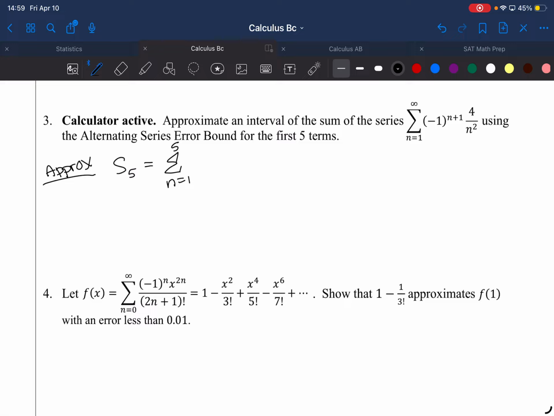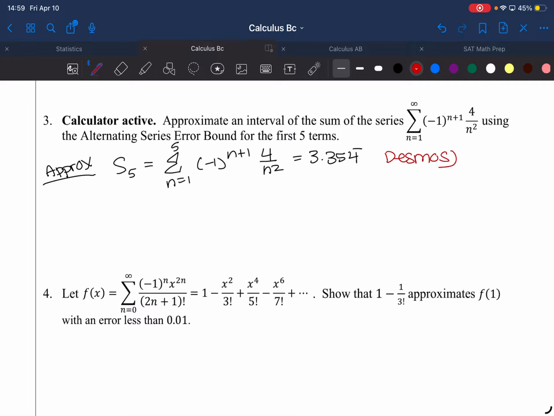Then we write that entire a sub n: negative 1 to the power of n plus 1, times 4 over n squared. And you plug this entire thing into Desmos, and you get an answer of 3.354 repeating.